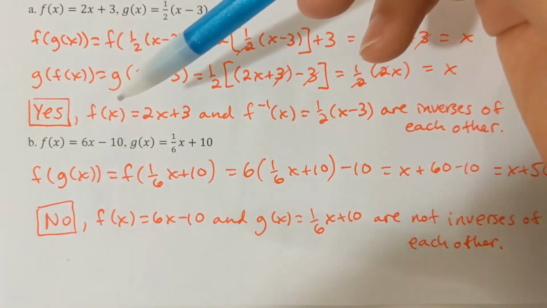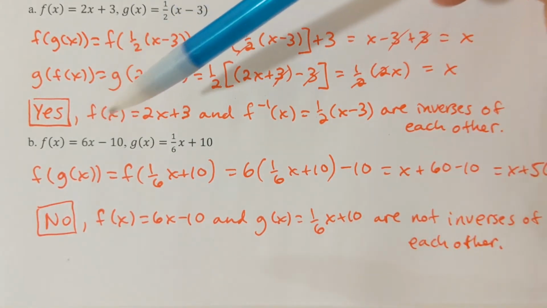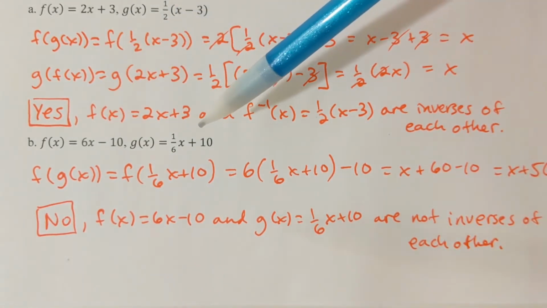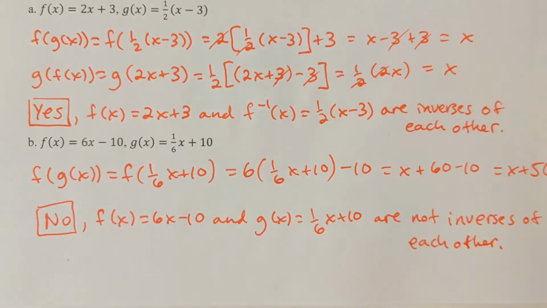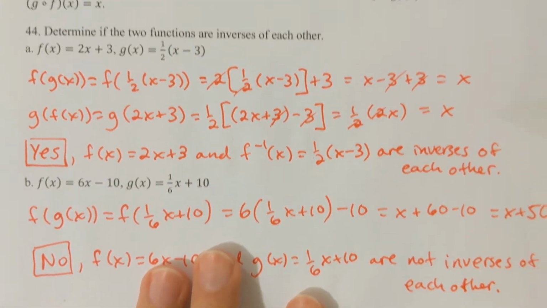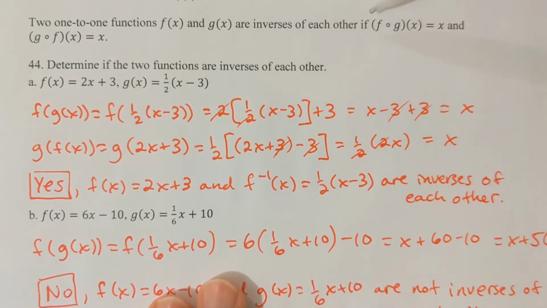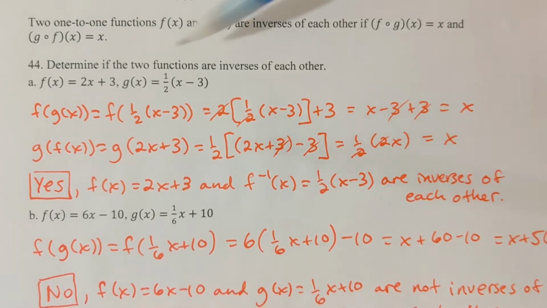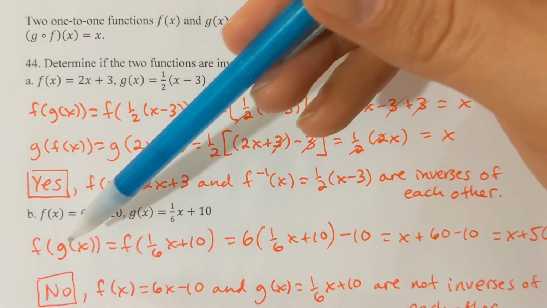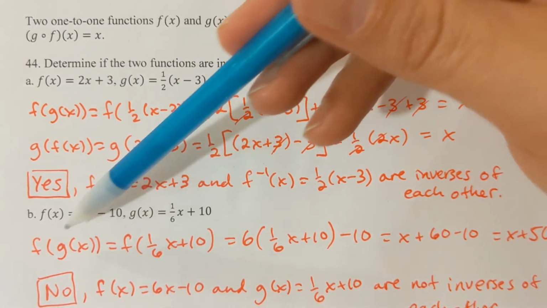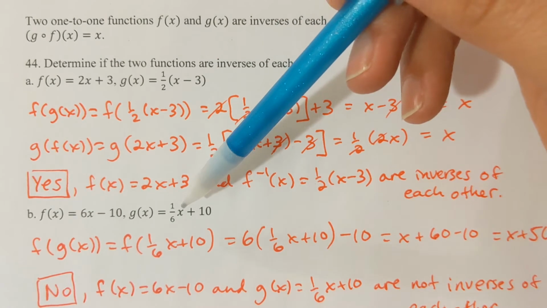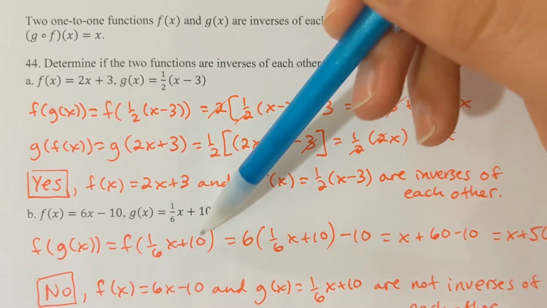Part B, okay, f of x equal 6x minus 10, and then g of x equal 1/6 x plus 10. Are those inverses of each other? Well, let's check. So I got to plug each function into the other and check and see that I get plain old x. Let me do that. So f of g of x means I got to plug g into f. G of x is 1/6 x plus 10.